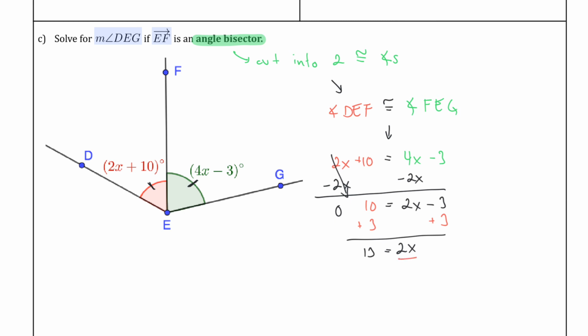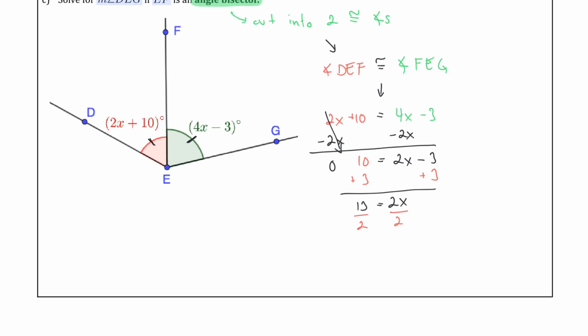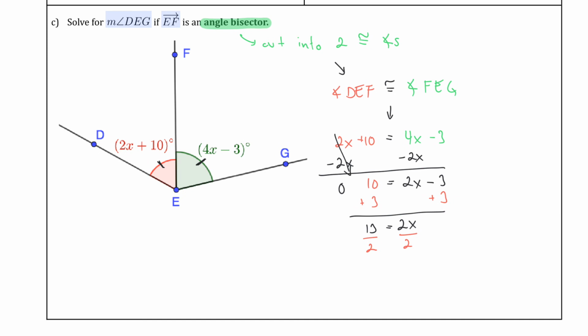Last but not least, I want to divide by 2 on both sides. And so what we get as our final answer is that x is equal to 13 halves. You can leave it as a fraction, or we can convert this into a decimal, which is 6.5.